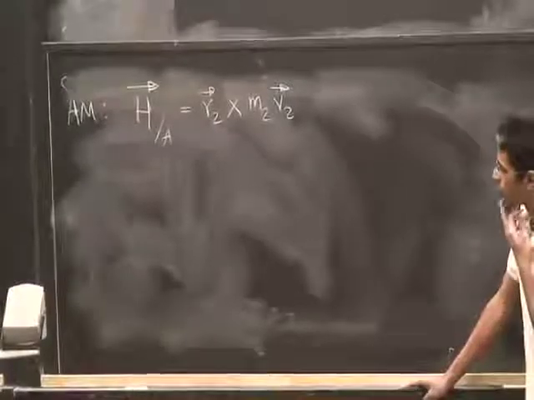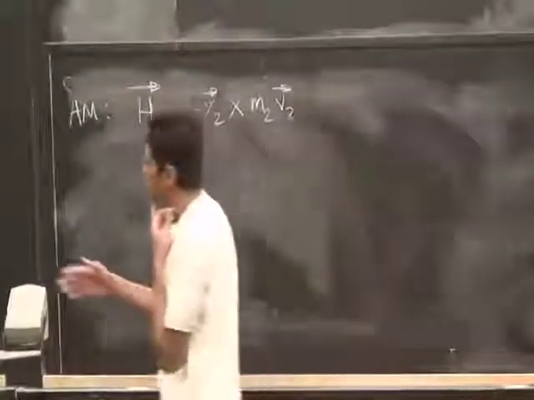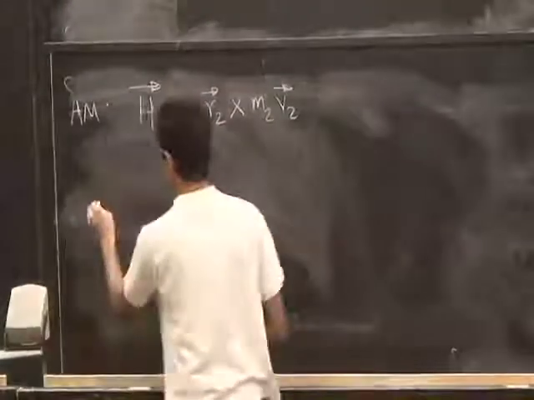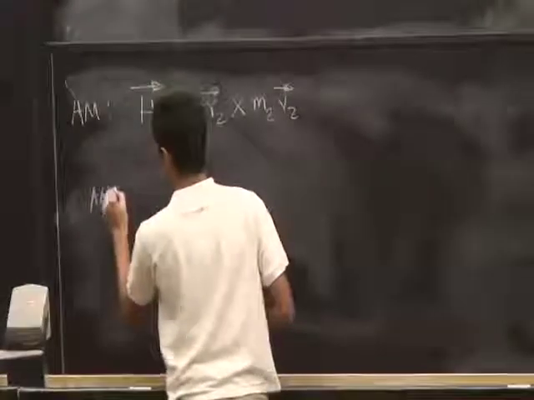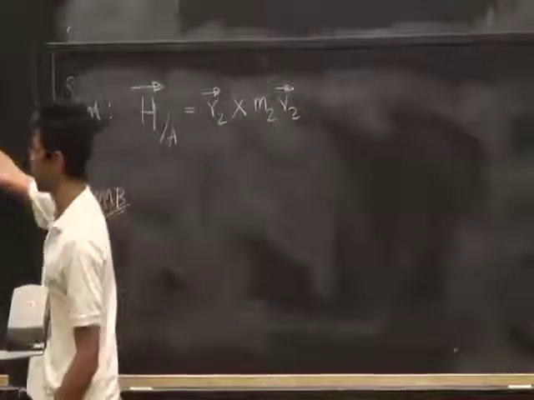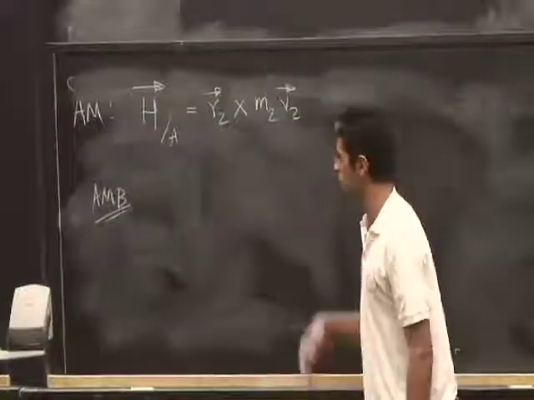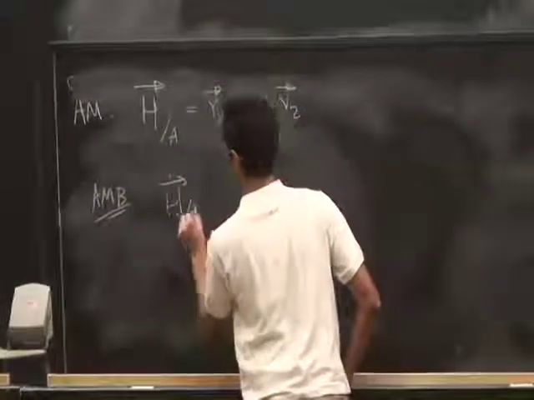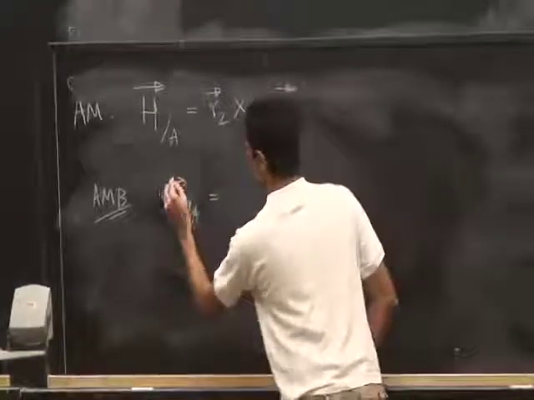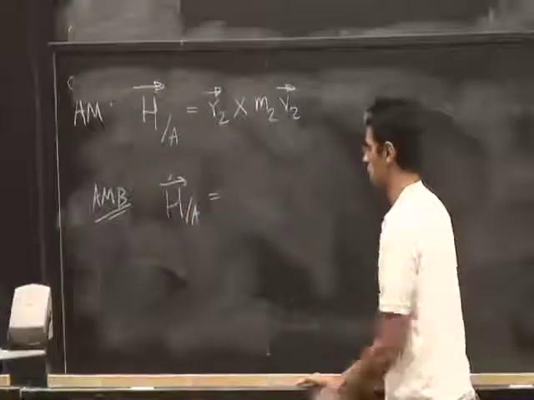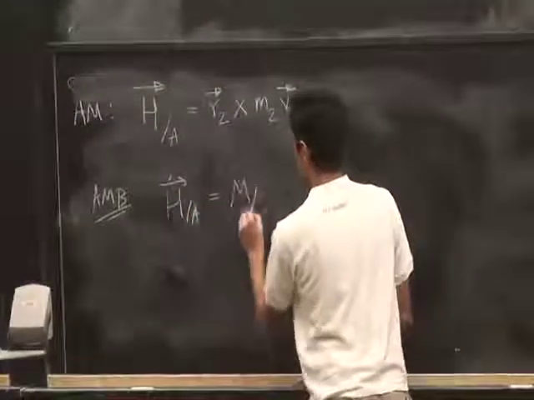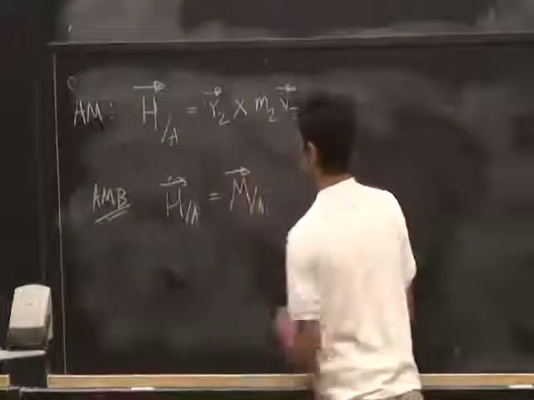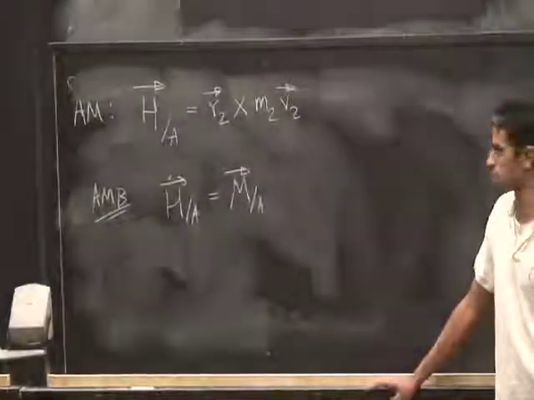Let's see what if we write an equation similar to the LMB, which is called AMB. F equals MA is similar to torque equals I alpha, and that is written as: rate of change of angular momentum is equal to the external torque acting on the system.